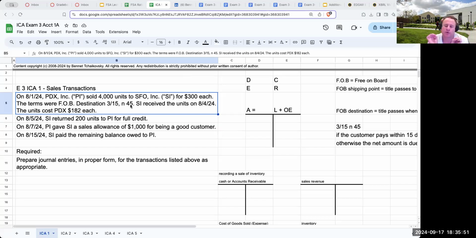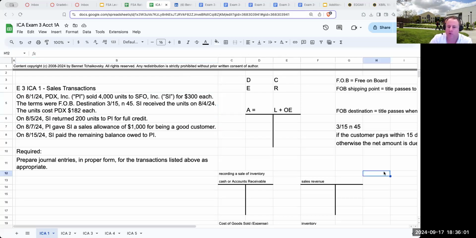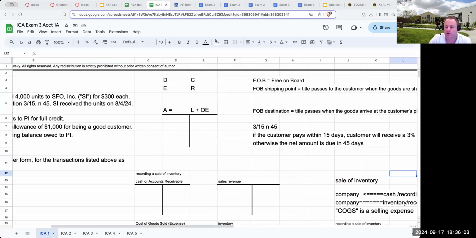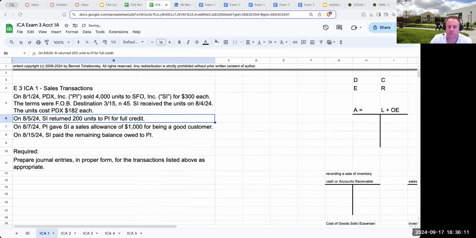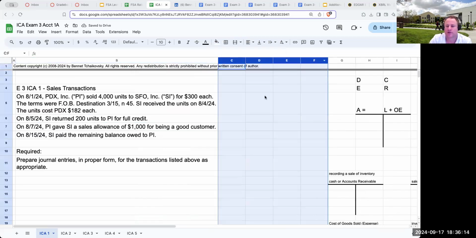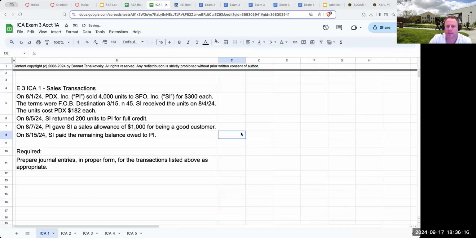So I need to do two things. I need to record the sale, and then I need to record the cost of that inventory going off of my books. So how do I do this? Well, I sold 4,000 units. Give myself a little bit more room here. Let's give ourselves even more room. Okay.